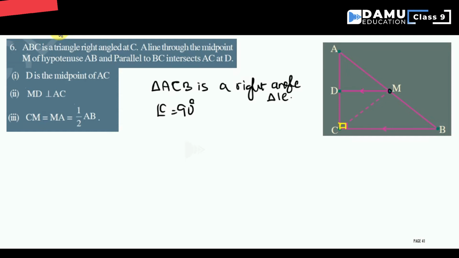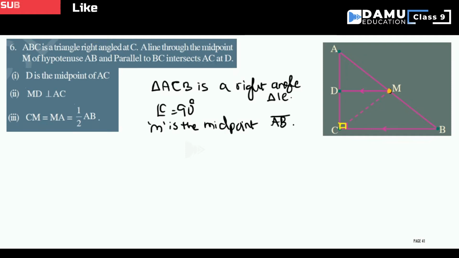So this is the point M, the midpoint of hypotenuse AB. Then a line passing through M and D, which is parallel to BC, intersecting AC at D.